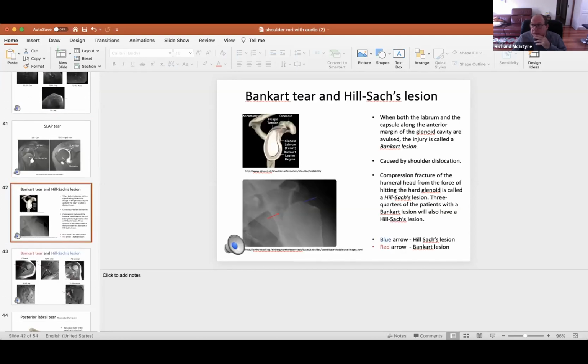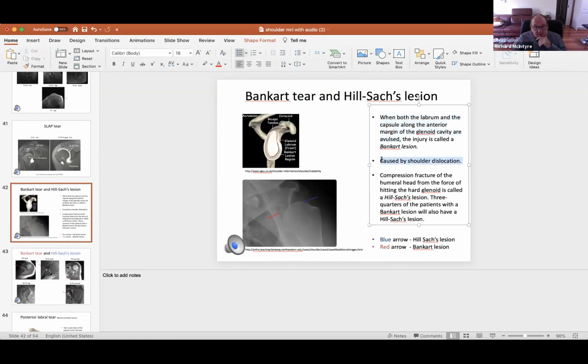We're nearly there, we're nearly finished. And then there's a Bankart lesion, when both the labrum and the capsule along the anterior margin of the glenoid cavity are avulsed. You can see that there.